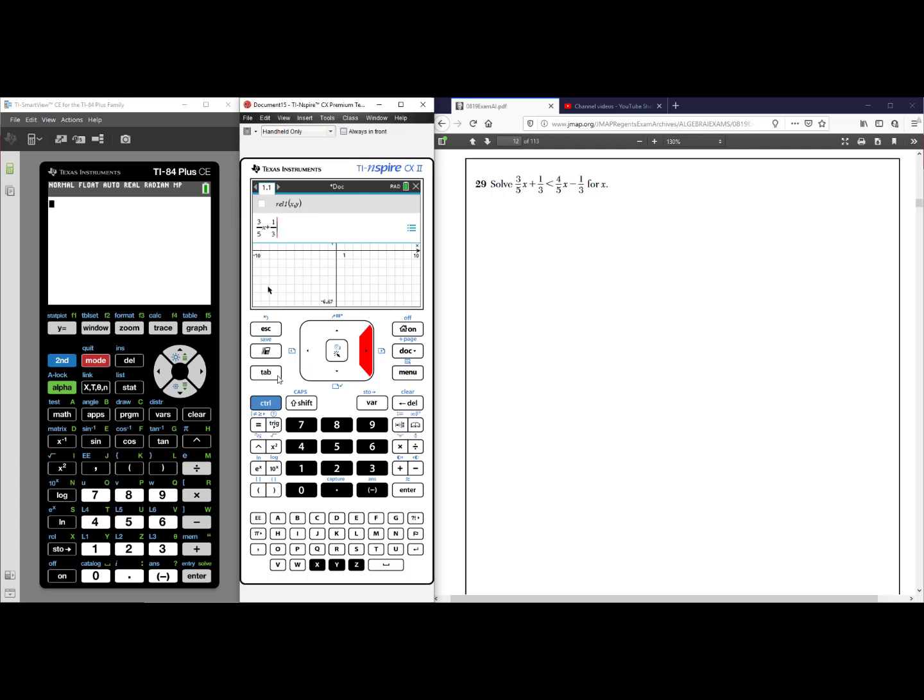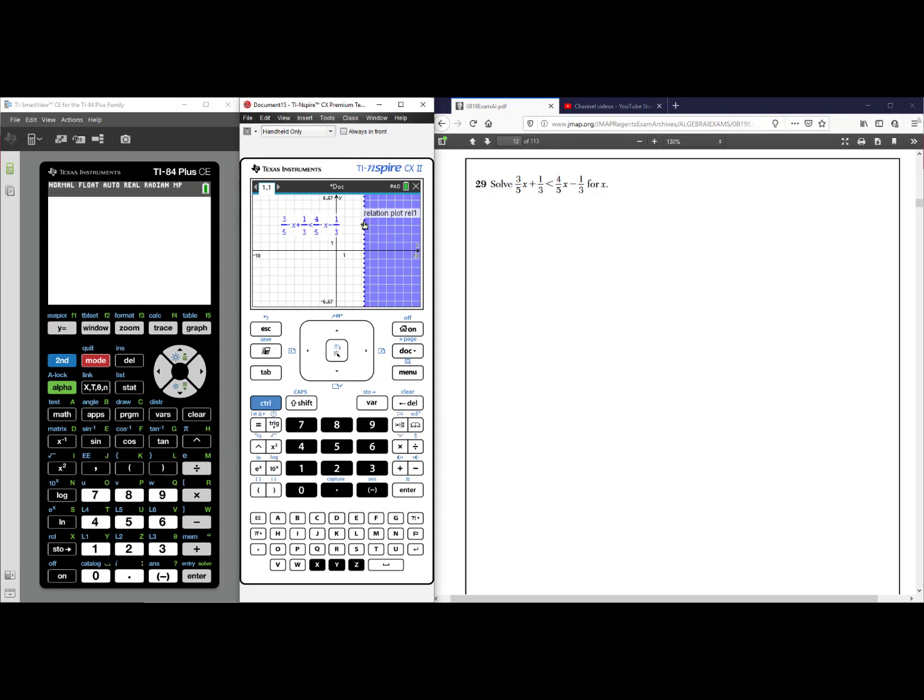To get our inequality symbol, control equals. We want less than, control divide, 4 in the numerator, 5 for your denominator, x minus, control divide, 1/3. When I press enter, I get my graph.